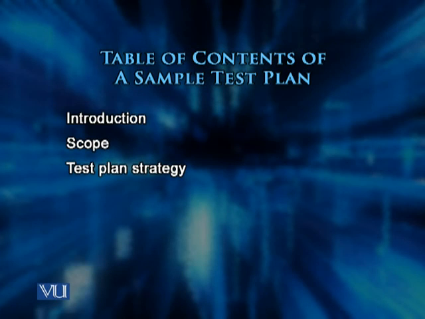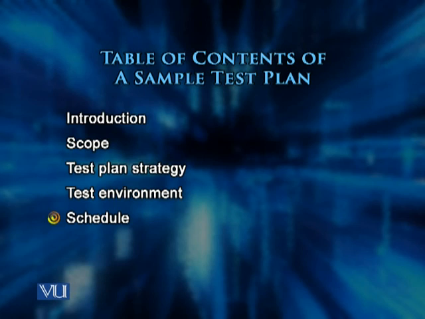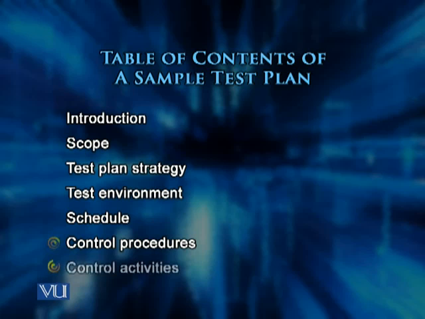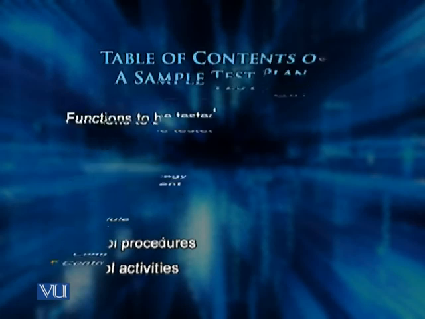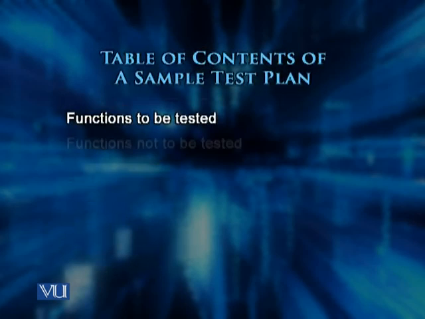So here you have on the screen a sample test plan, the first set of activities of a sample test plan. It has sections on introduction, scope, test plan strategy, test environment, then you have schedule, then there is this section titled control procedures, followed by a section titled control activities, and then you have functions to be tested, followed by functions not to be tested.